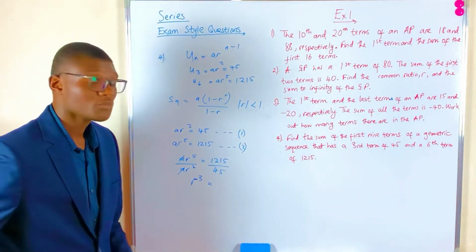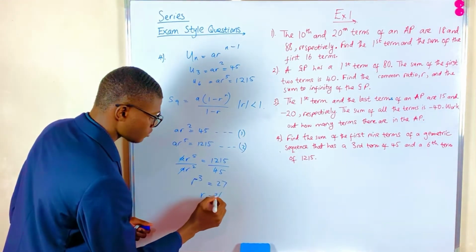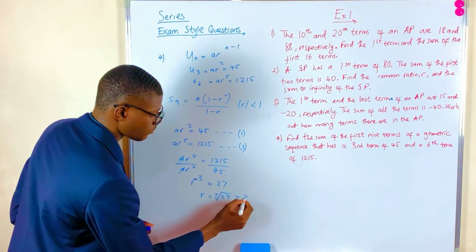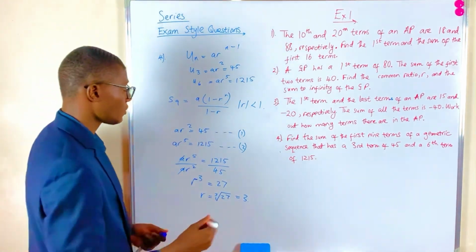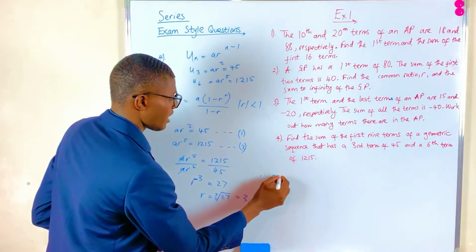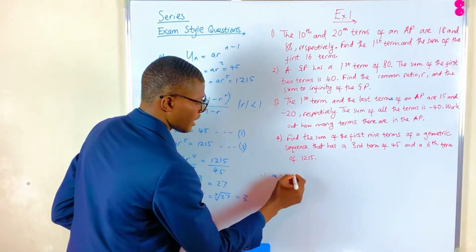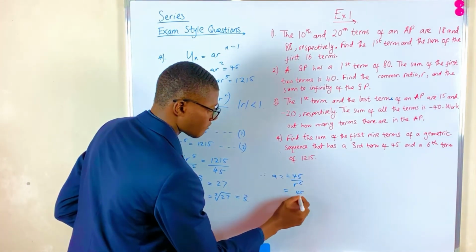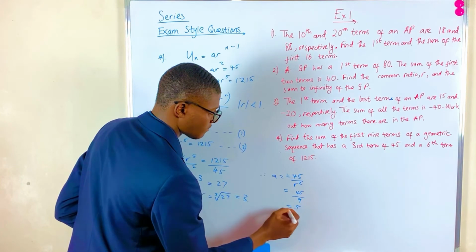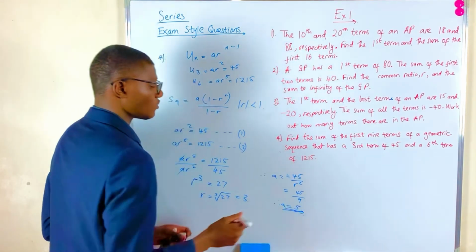So R cubed is equal to 27, and R is the cube root of 27, which is equal to 3. So 3 is the common ratio. To find the first term A, if we use equation 1, A will be 45 over R squared, which is 45 over 3 squared, that's 45 over 9, which is 5. So therefore the first term is equal to 5.